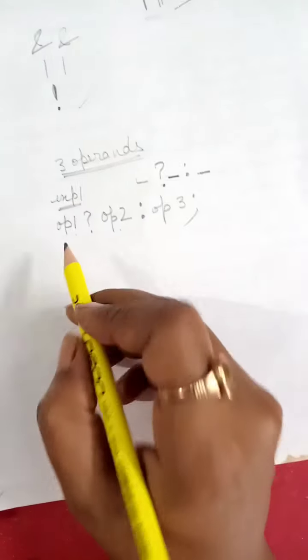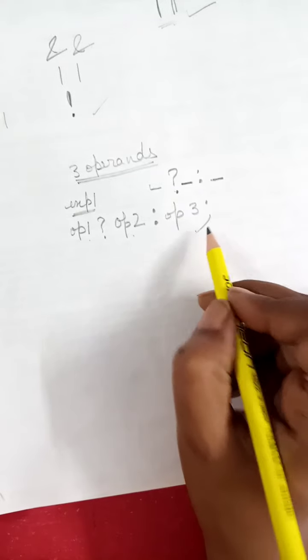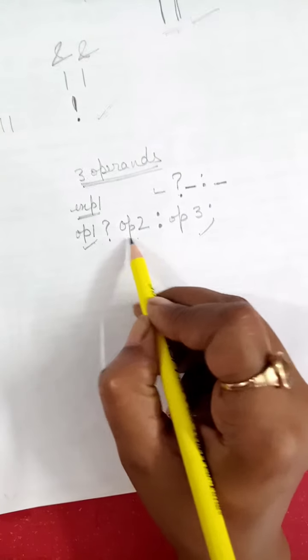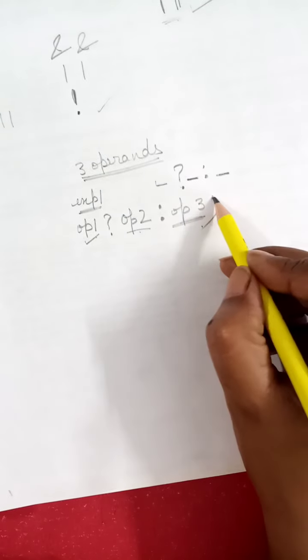This is the general syntax of the ternary operator, ending with the Java statement terminator, the semicolon.